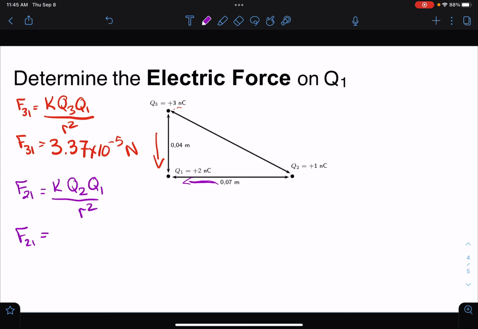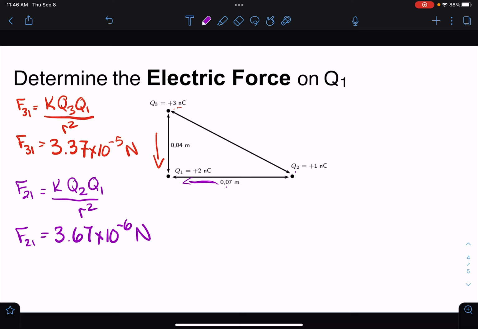So k is our 8.99 times 10 to the 9. That's going to multiply by our Q2, which is 1 times 10 to the negative 9, multiplied by Q1, which is 2 times 10 to the negative 9, divided by this distance, which is 0.07 squared. Pull all of that into your calculator properly, and I ended up with 3.67 times 10 to the negative 6 newtons.